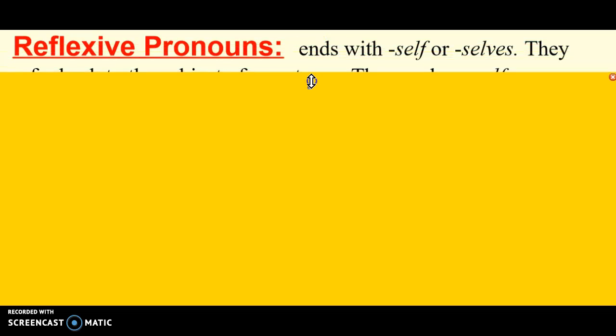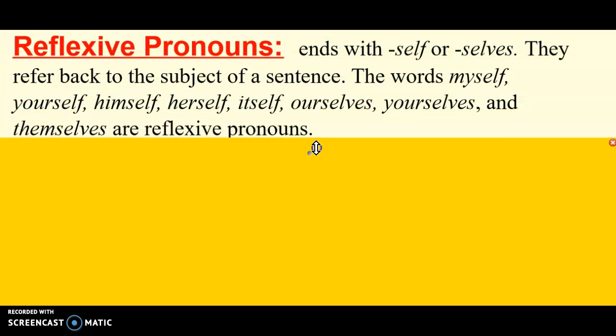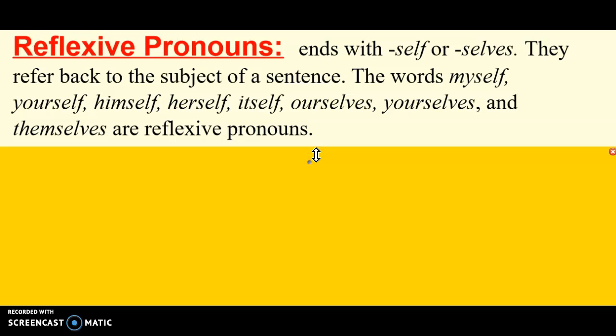Reflexive and intensive pronouns are the exact same words. They are just a different type of pronoun depending on how they are used in the sentence. Okay, so remember that we're going to start above the fold here, and we're going to start with reflexive pronouns.